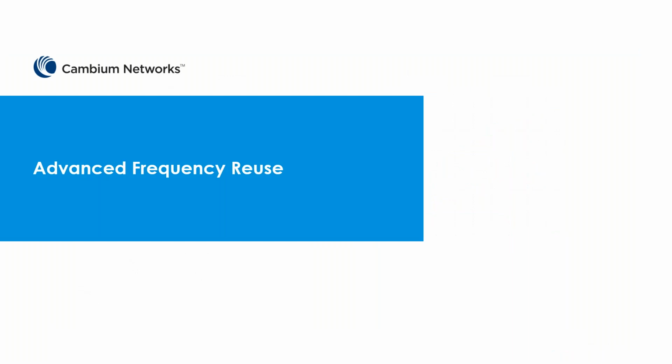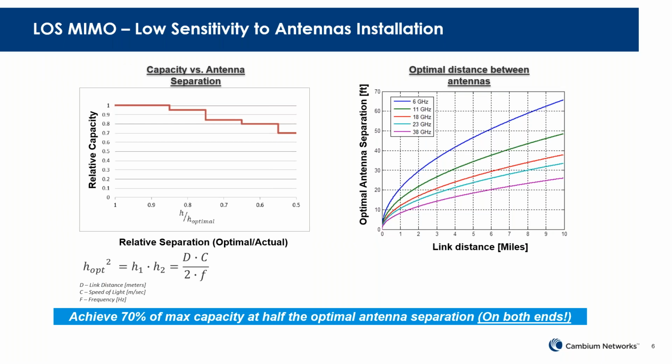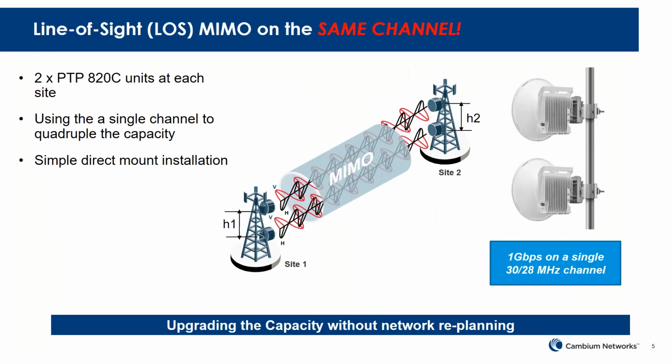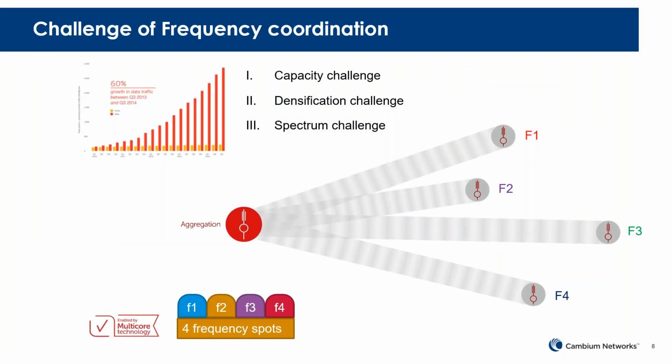The other feature: with the 4x4 MIMO, we're talking about a point-to-point link. On a point-to-point backhaul link, if you want to quadruple your capacity, you use 4x4 MIMO. But what if you're planning a hub site with multiple remote sites? What can you do to increase your capacity?